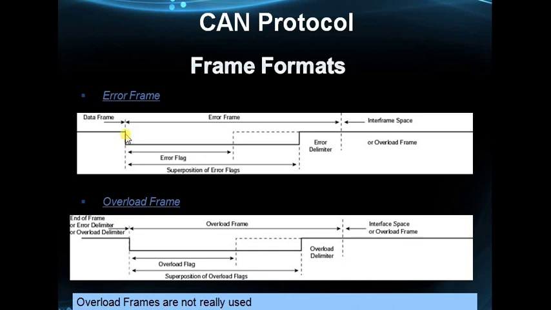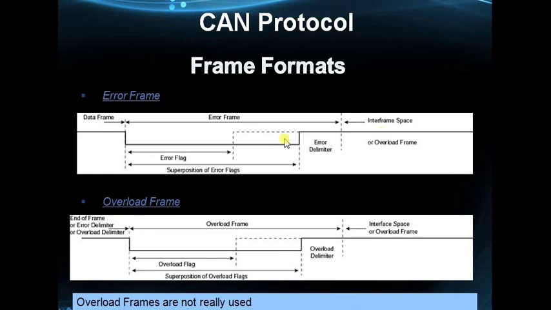So all other nodes on the network will also send an error frame. Whichever node receives the error frame also sends an error frame again. That is the reason it is a superposition of all the error flags, followed by delimiters.